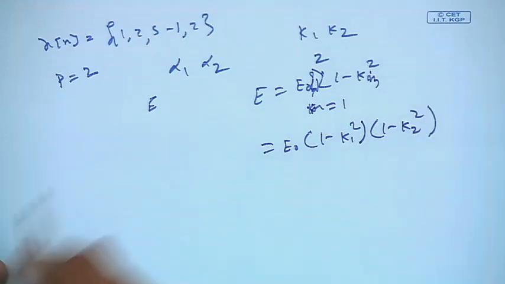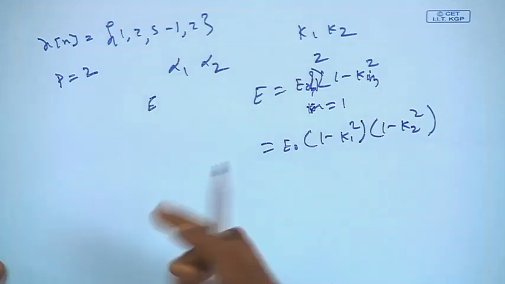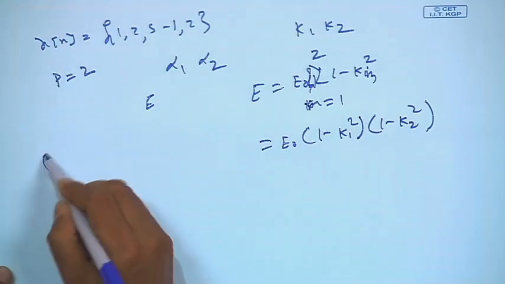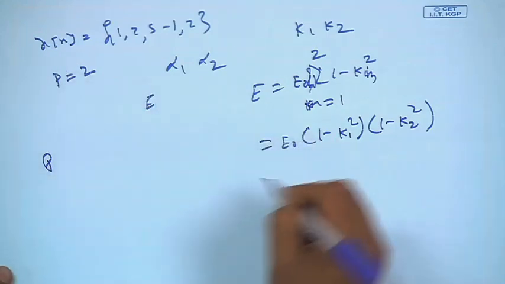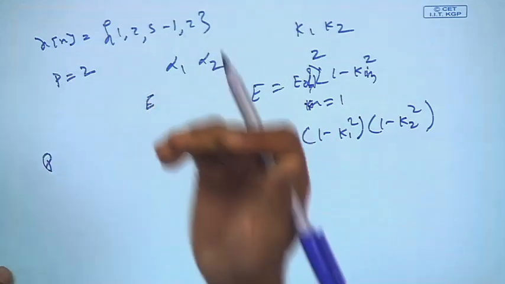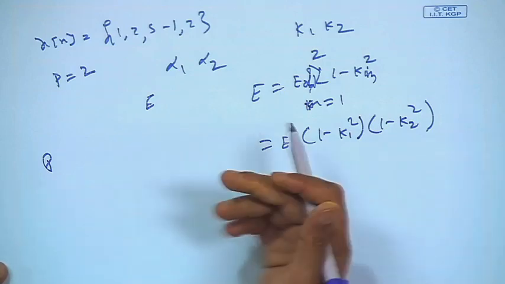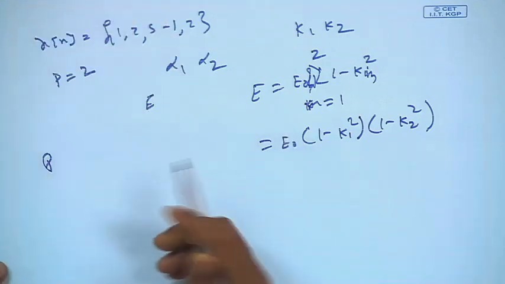I can find alpha 1, alpha 2 using this equation by hand, without programming. If the p value is very small, without programming I can find alpha 1, alpha 2. Those kinds of questions can be expected in the examination paper, or I can write a program and run it on a real speech signal and find the alpha values and E value using the autocorrelation coefficients. Okay. So, those are the autocorrelation solutions.